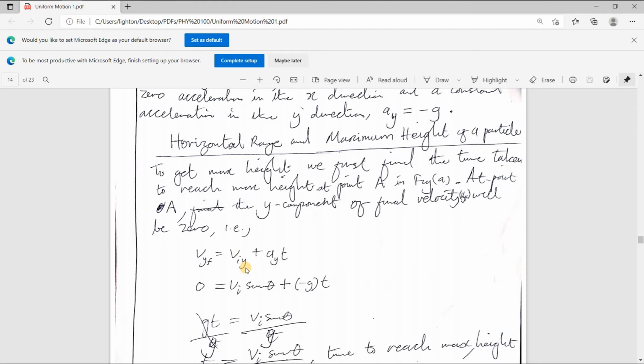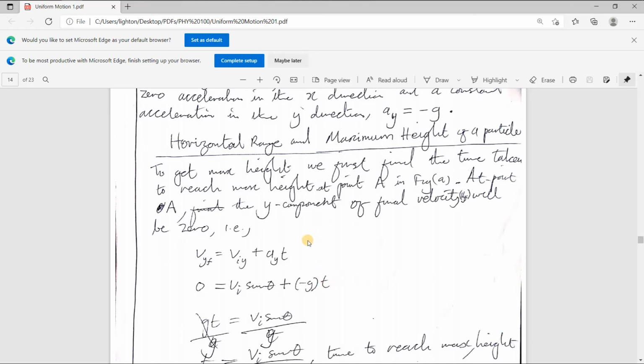in the vertical axis. So initial velocity in the y-axis, that is Viy, must be equal to Vi sine theta, plus Ay. Now, acceleration in the vertical axis is just gravity, which is negative g, minus g, times the t here, which is the time.